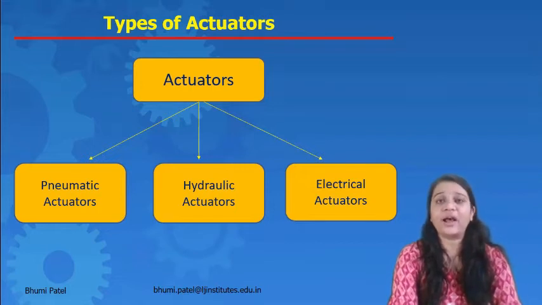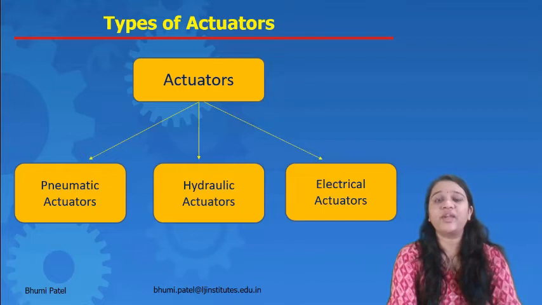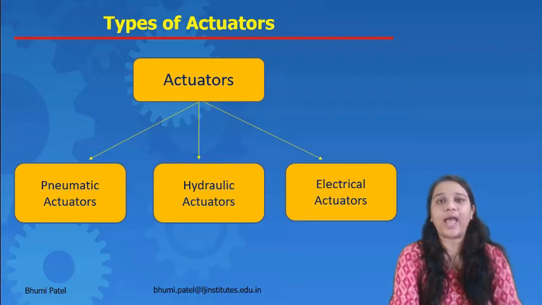Pneumatic actuators are also divided into two parts: spring actuators and springless actuators. In spring actuators, we use a spring between the stem and the actuator, and without the spring we can control the actuator using the airflow.